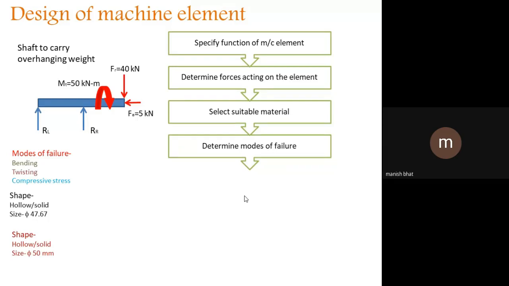So I have written modes of failure particularly for the above example. This is not an exhaustive list. There are many modes of failure which are possible. So the fourth step is to determine modes of failure in the case of any machine element.